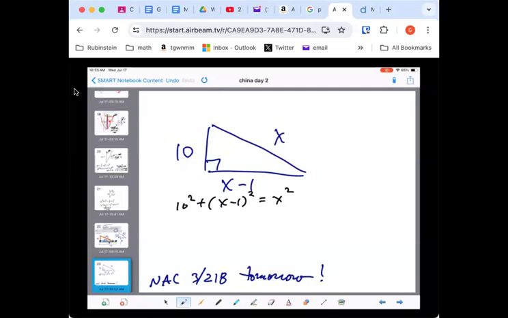Did you expand X minus 1 squared properly? Did you combine the 101? And finally divide both sides by 2.